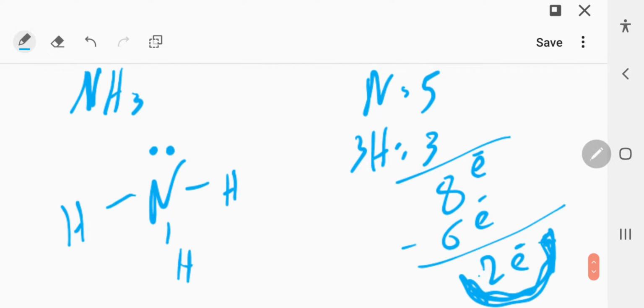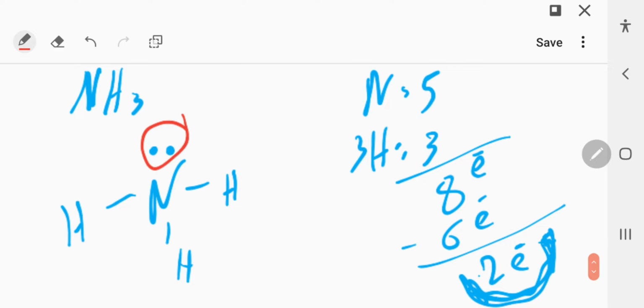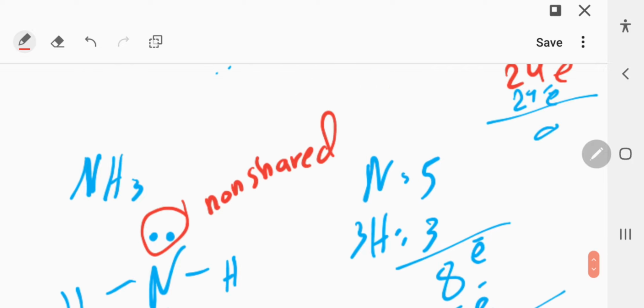And in this case, we will have a non-shared pair of electrons.